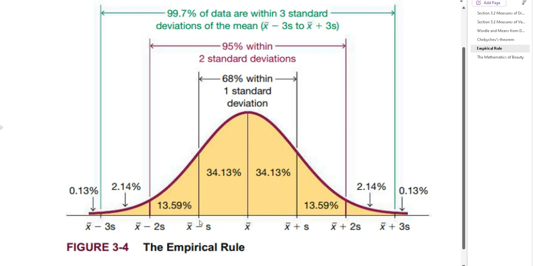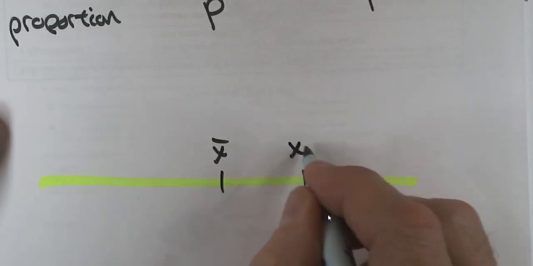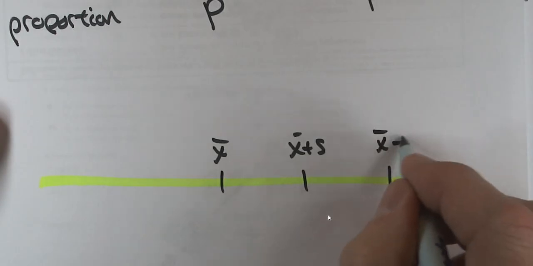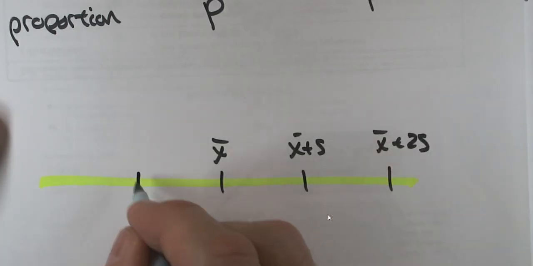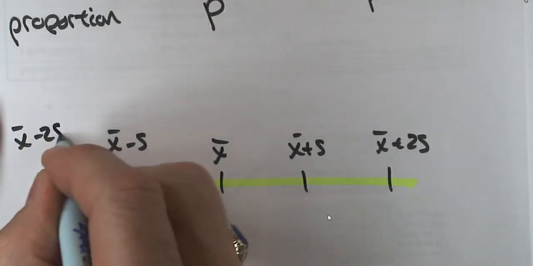Now let's take a look at that 2 standard deviations away from the mean. That spread is a good guide to your range. So you've got your mean, so your x bar plus s, and x bar plus 2s, x bar minus s, and x bar minus 2s.